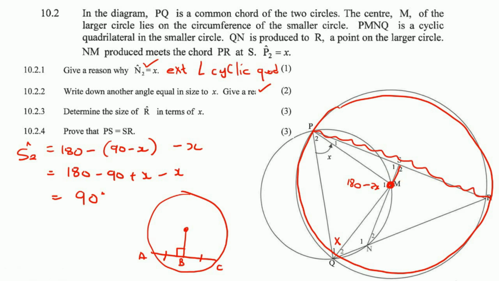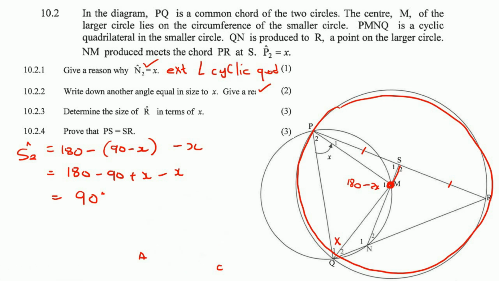So we are hitting the chord at 90 degrees, which means that PS must be the same as SR. That is a circle theorem. The way you'd answer this is to first work out the 90 degrees, and then say, therefore, PS is the same as SR because we have a line from center which is perpendicular to chord.